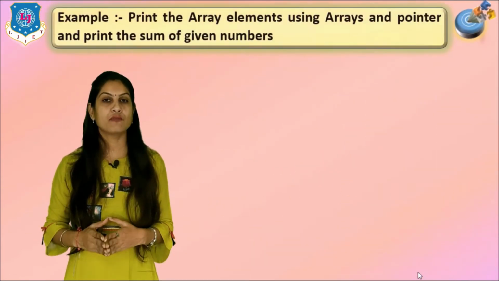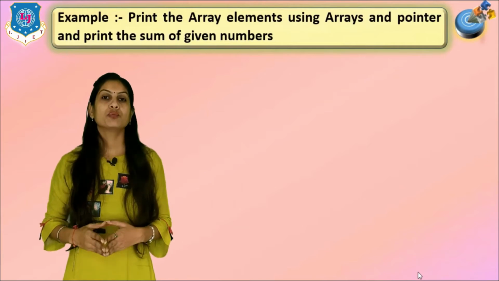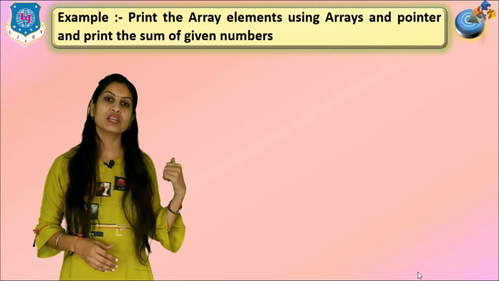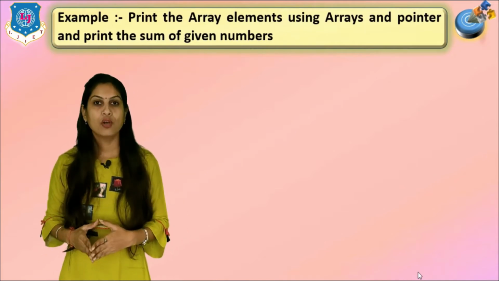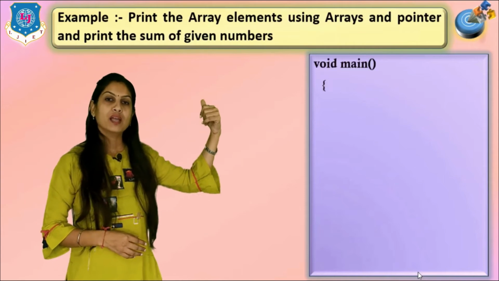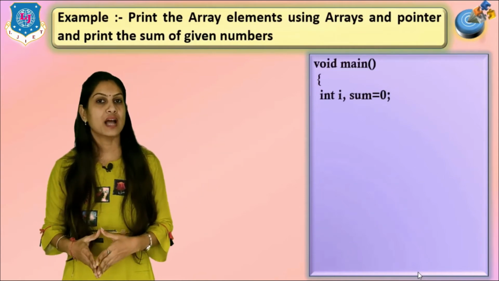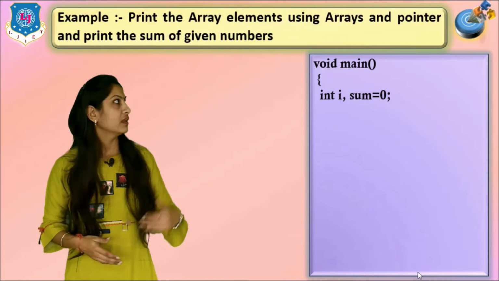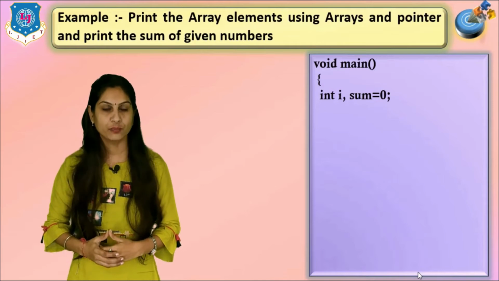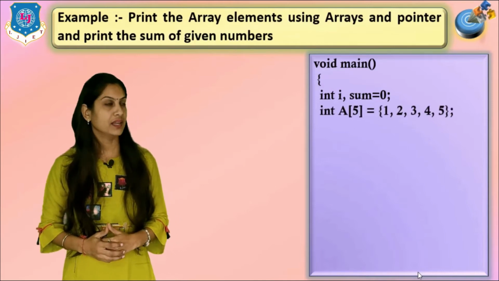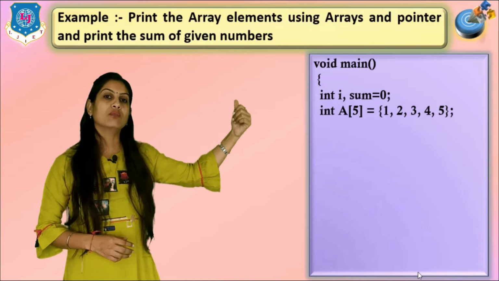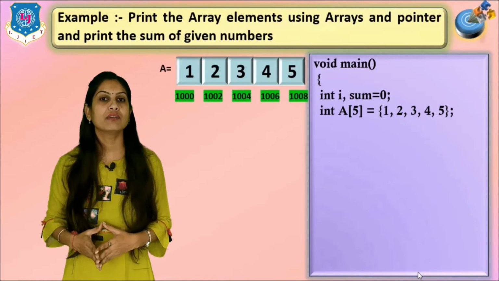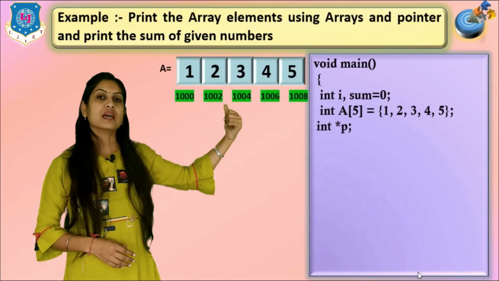Now using this concept we are writing one example to print the array elements and to find the sum of array elements using this concept of array and pointer. For that we are writing void main, and inside it we are writing integer i for a for loop for the array concept, and then the variable sum that has by default value 0. Then after we are declaring our array integer a of 5 equals 1, 2, 3, 4, 5 different values, and then we are declaring our pointer integer star p.